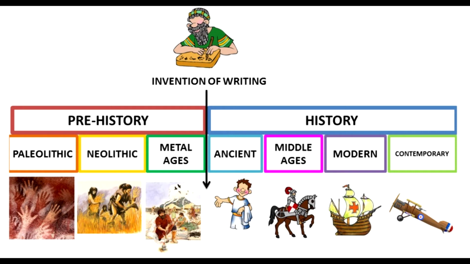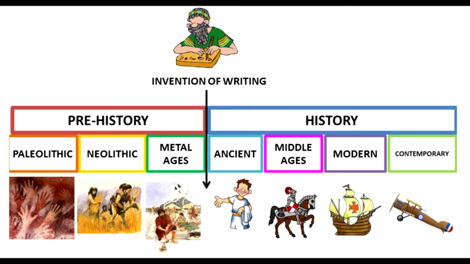Let's talk now about the five main historical eras that we have in our history, guys. The first one is prehistory. After that, ancient history, the Middle Ages, the Modern Age, and finally the Contemporary Age. Each historical era represents an important period in our history.